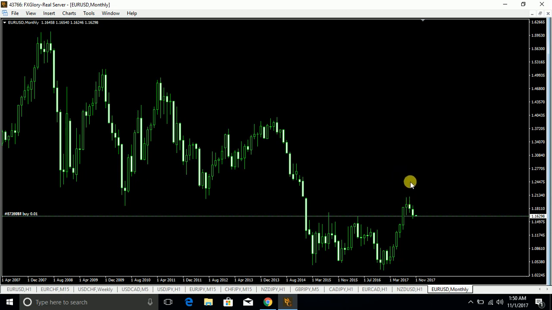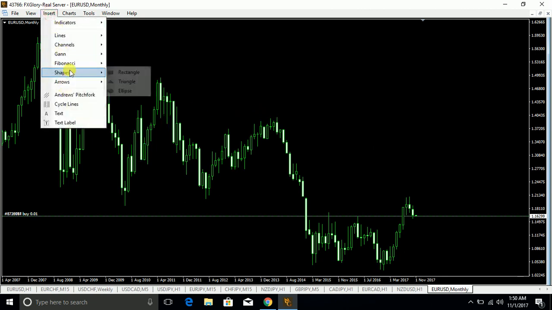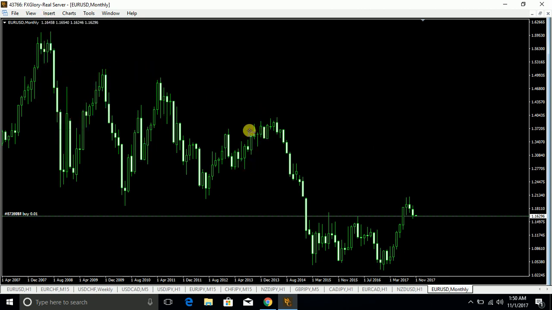So we'll first start off by identifying what is a level of support and what is a level of resistance. Just by looking here, a level of resistance would be something like this, where price was pushing up, and immediately at the close of this candle, the next candle was completely rejected.